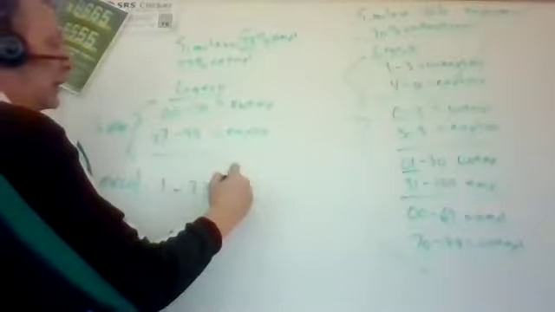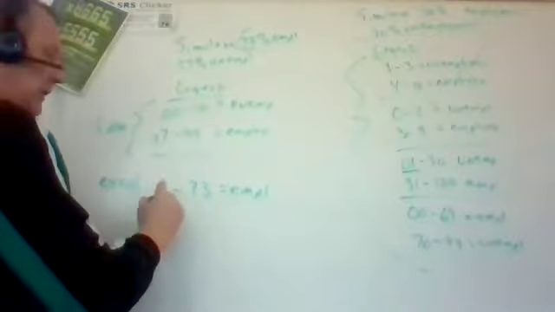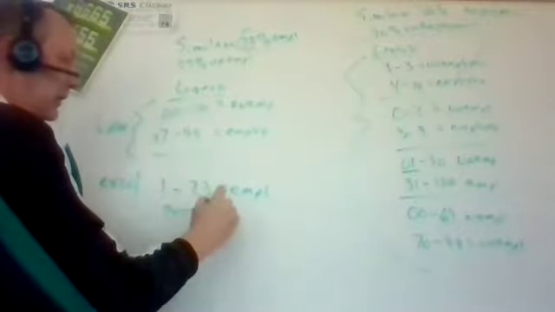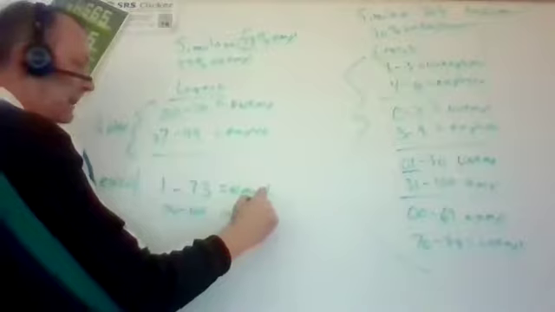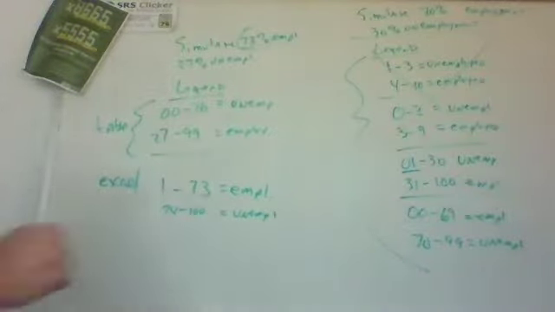And if I'm doing it in Excel, I'm going to write here 1 through 73, and those would be the people that are employed. And 74 through 100 would be the unemployed. So once again, lots of ways to define this. These are just one of many ways to do this correctly.